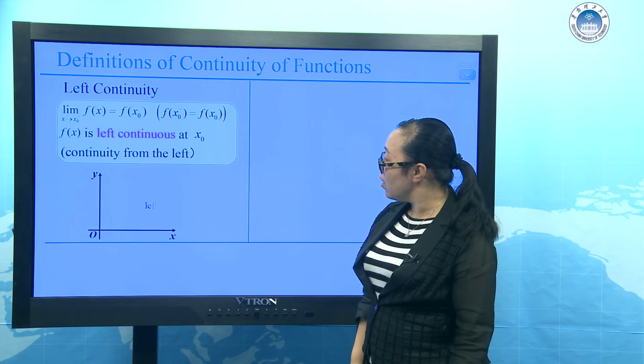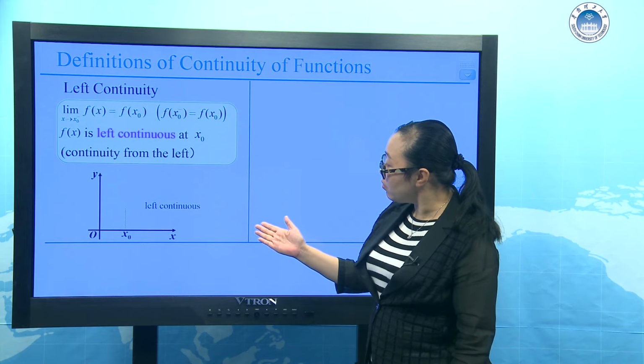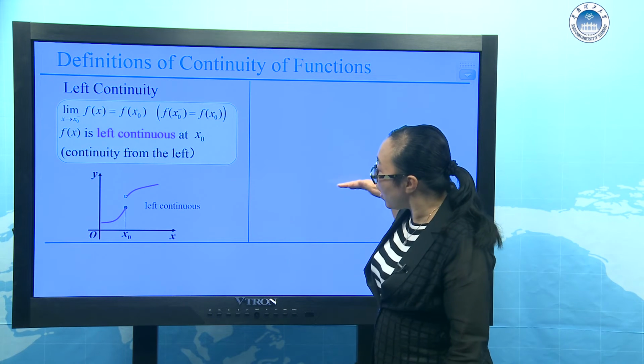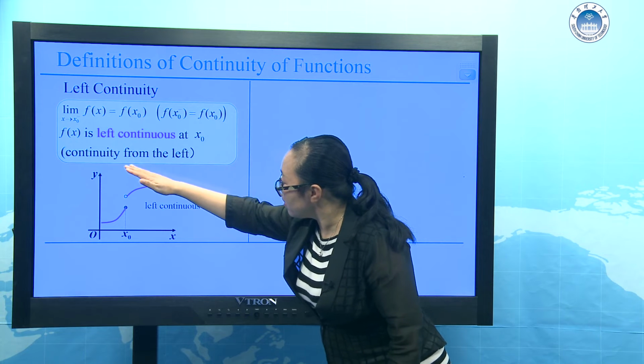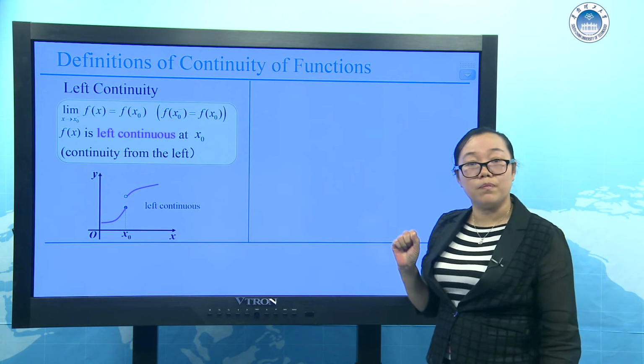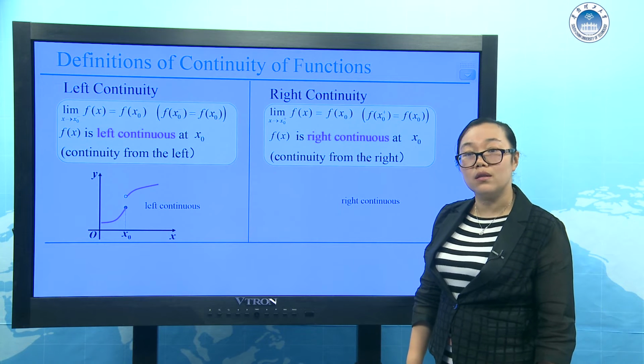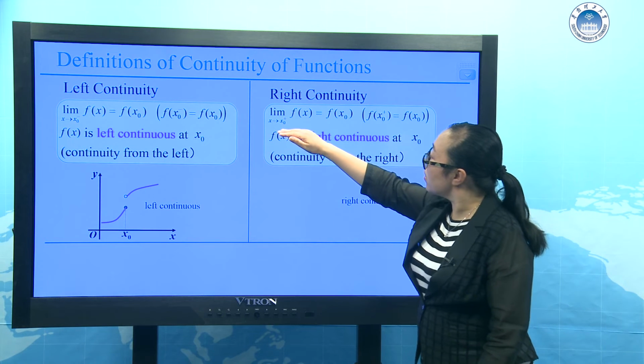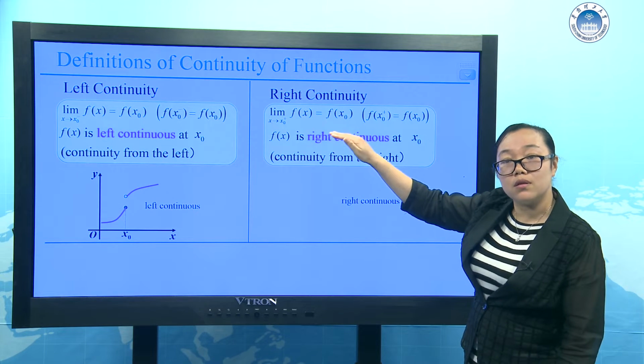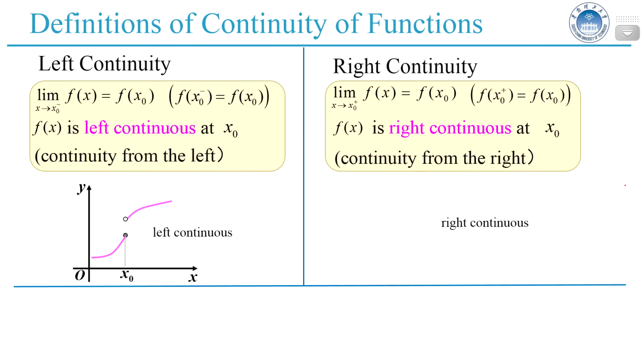Look at the figure: x0 is left continuous, from the left side, corresponding to this expression. In a similar way, we have another idea, right continuity. The limit as x tends to x0 from the right side of f(x) equals f(x0). f(x) is right continuous at the given point, meaning x tends to x0 from the right side. We have this figure, right continuous. Yes, at this point, continuous.